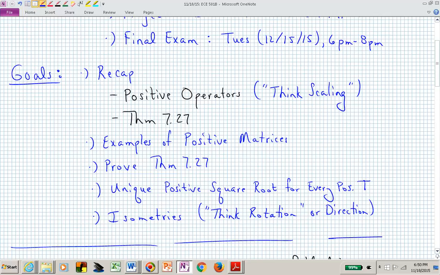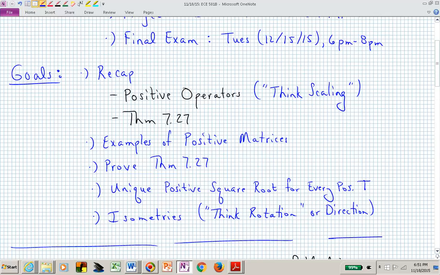Then we will rewrite or state Theorem 7.27, which deals with this equivalence of conditions or statements concerning positive matrices. Then we'll look at some examples of positive matrices and maybe even remind ourselves of some of the square roots that we demonstrated last time.